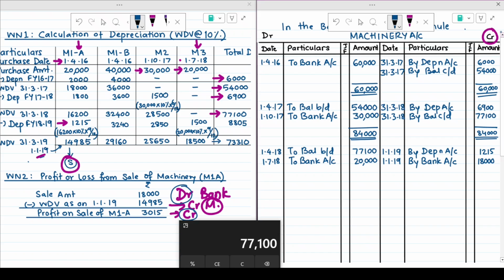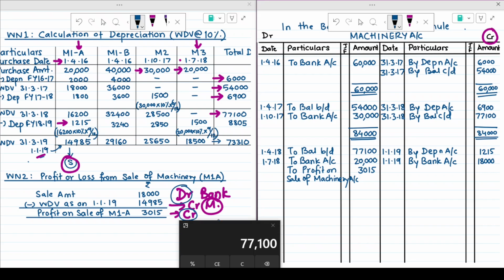We have debited 18,000, but we were required to credit 14,985. So we will give the credit effect of profit to profit on sale of machinery. This is 3,015. So for 18,000 debit, we also have 3,015 credit. This net effect will give the credit effect of 14,985, right? The machinery of this amount is going out of business. This is the effect, right? So with this, our sale entry is also done.